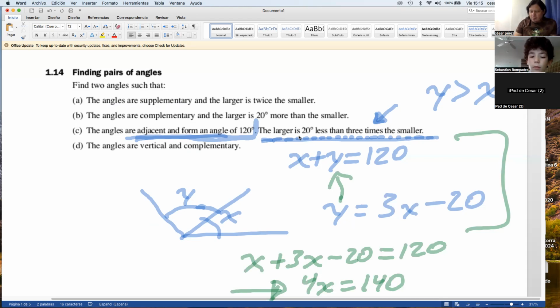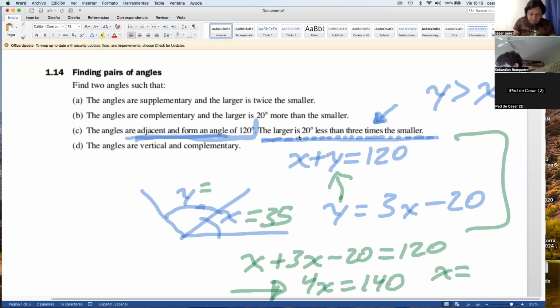Well, so what is the measure of every angle? x equals 35. Okay, 35. That means y must be 85.